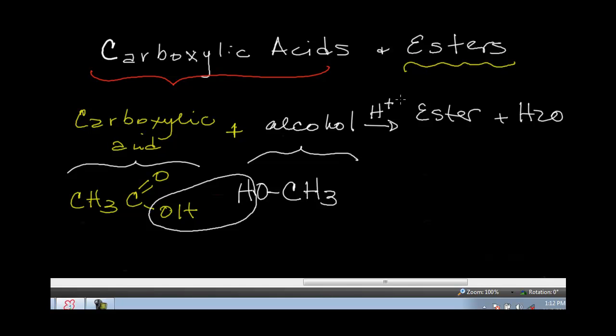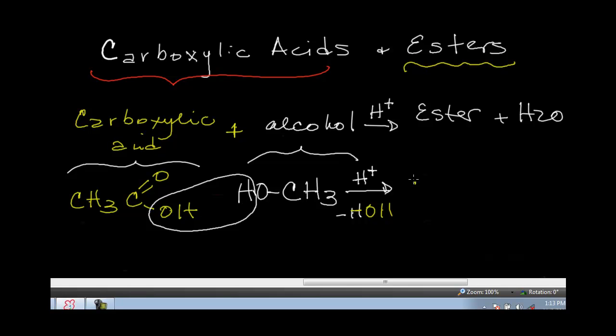I am going to put my conditions on the arrow, which is an acidic medium, and I am going to remove water: minus HOH. The H of the alcohol and the OH of the carboxylic acid combined.